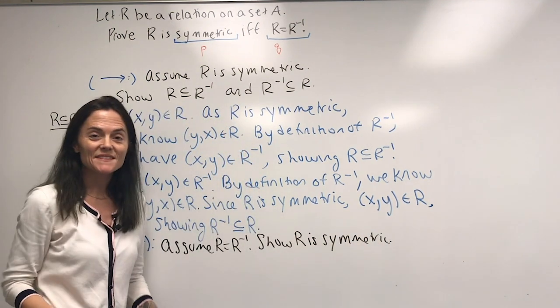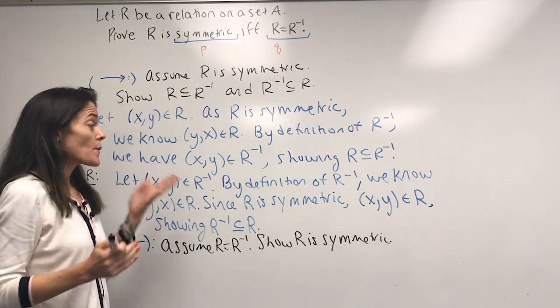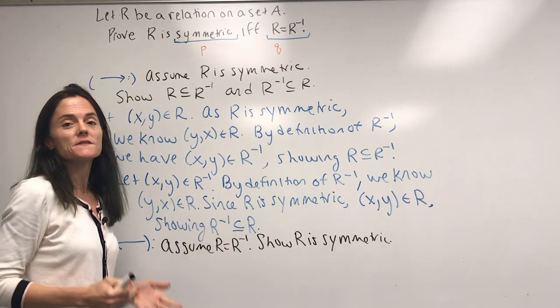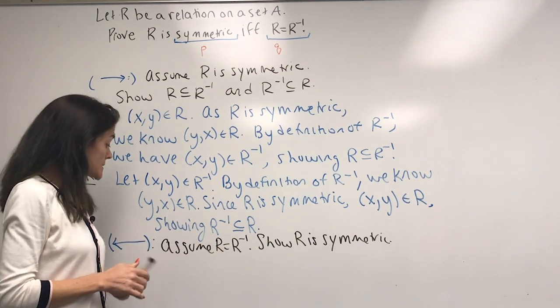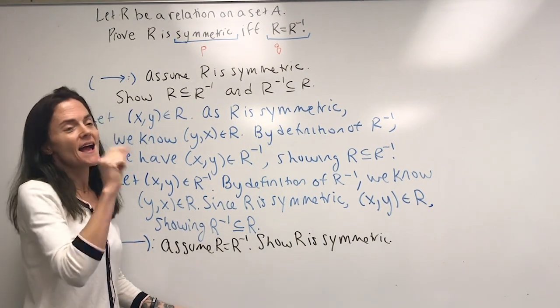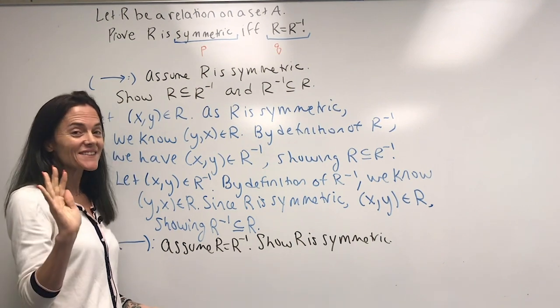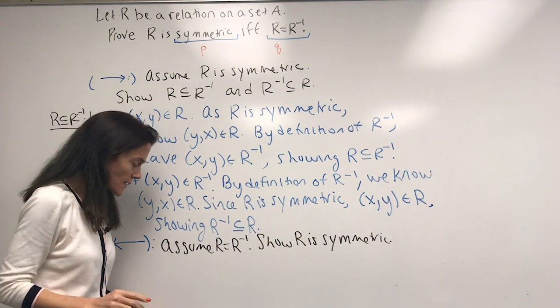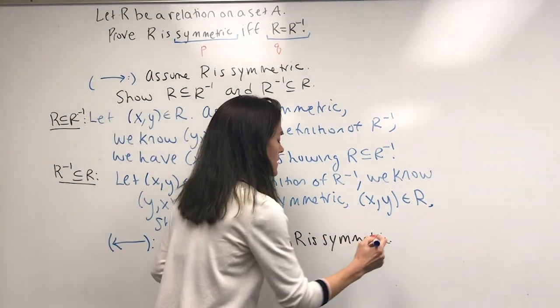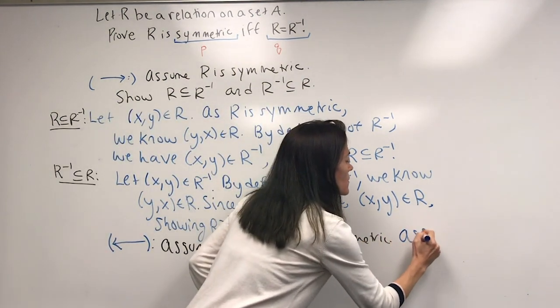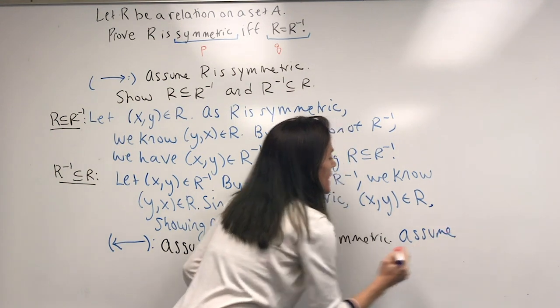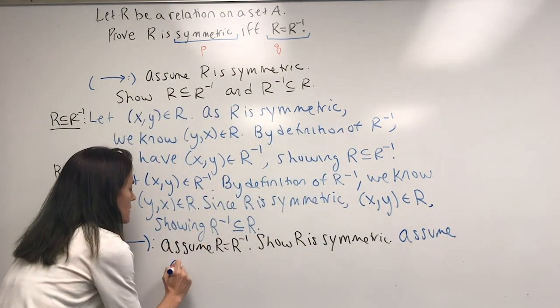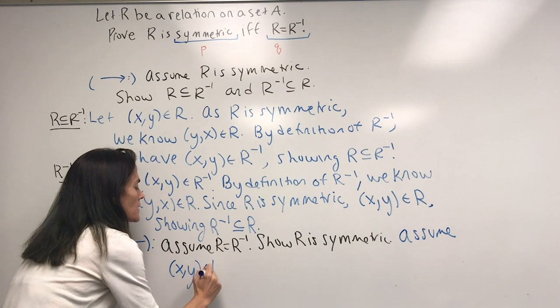And as we have discussed, the property of symmetric is an implication. It's an if-then. It says if x comma y is in the relation, then y comma x is in the relation. Okay, so we just assume we have x y in R.